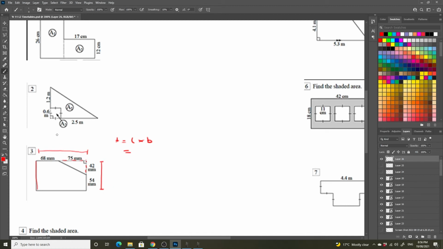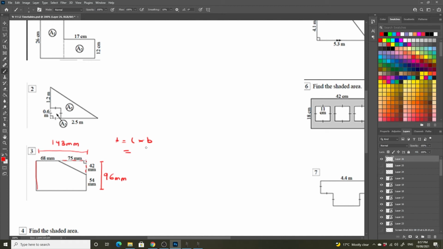So, if we add these two together, what do we get? We get 143 millimeters. And if we add these two quantities together, what do we get? We get 96 millimeters.